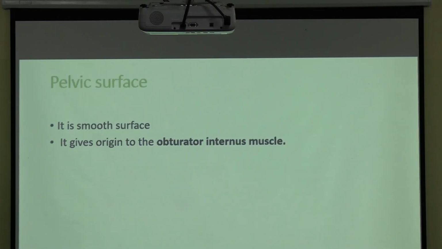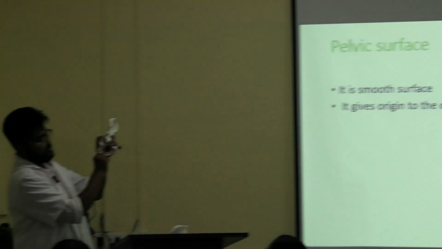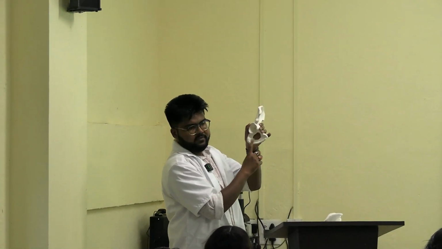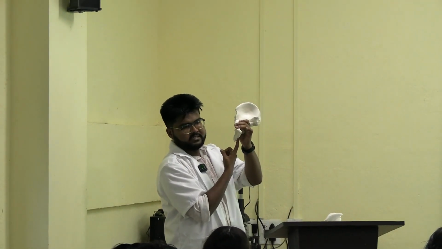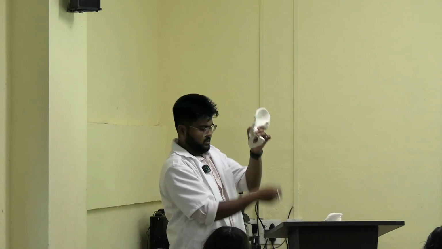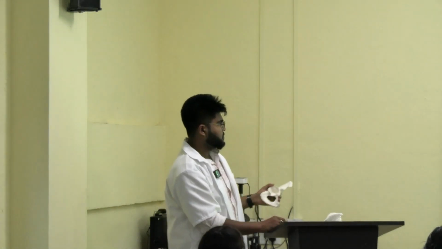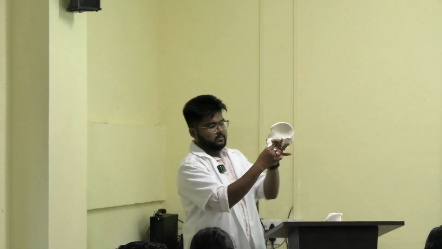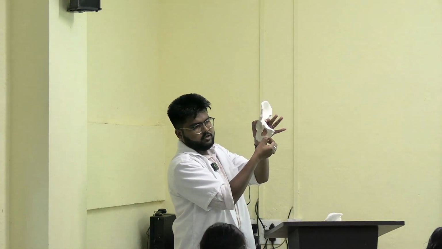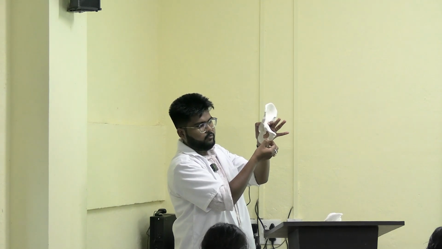Next is the ramus part. This part has one outer surface, another inner surface, an upper border and a lower border. And this is the pubic bone. Here another ramus is present, called the inferior ramus of the pubic bone.